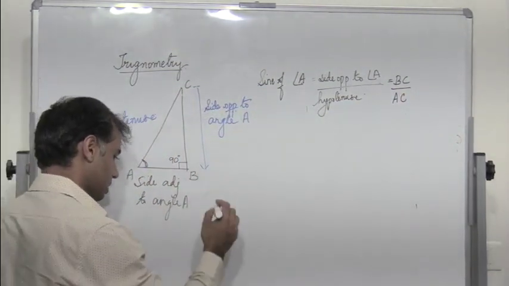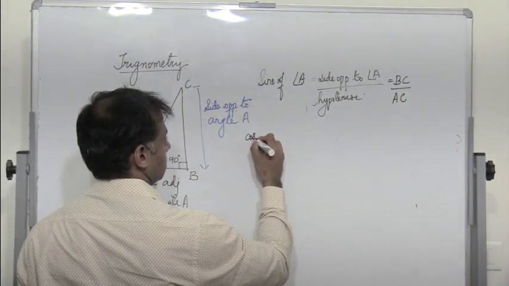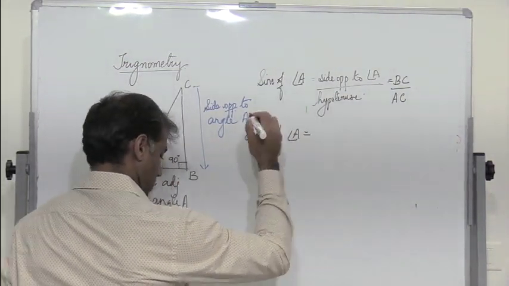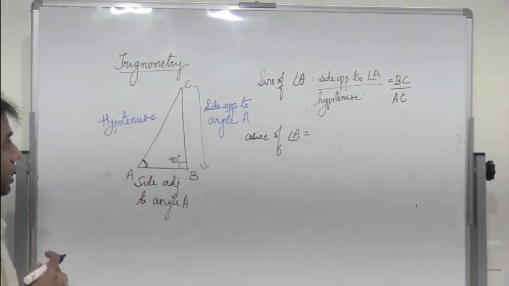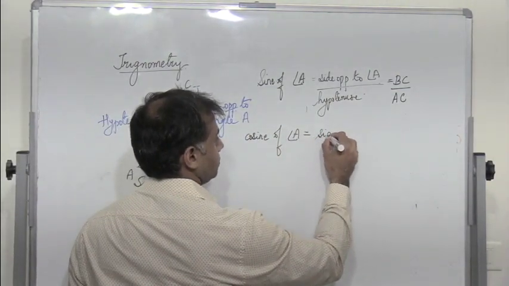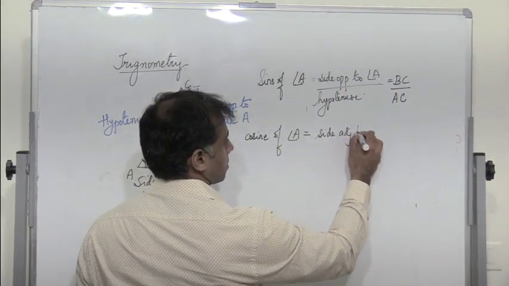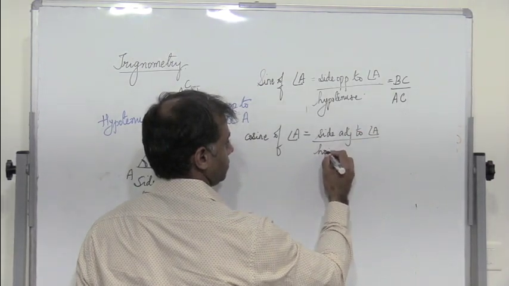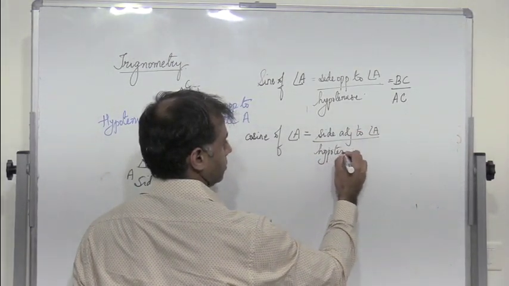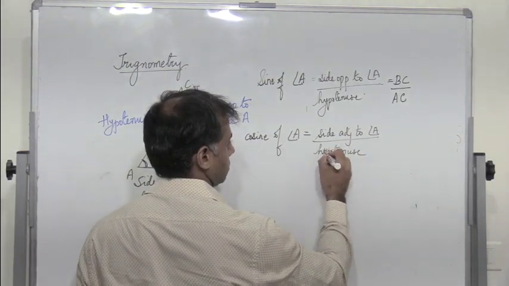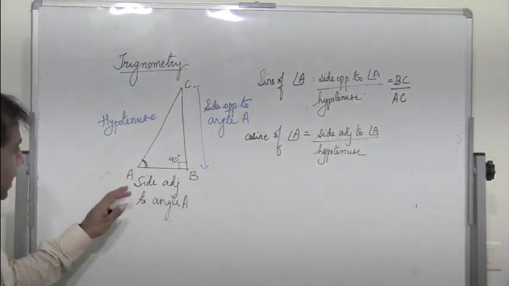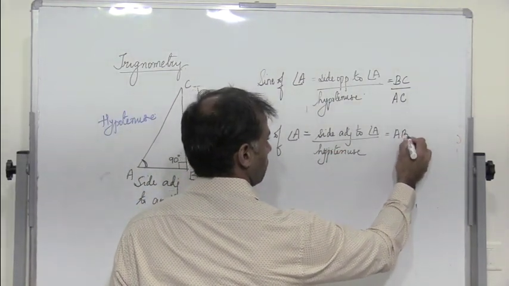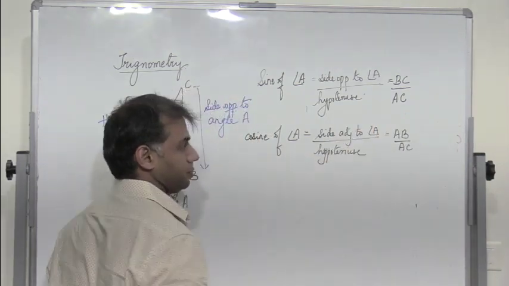So next we define the cosine of angle A. It is the side adjacent to angle A divided by the hypotenuse. What is the side adjacent to angle A? It is AB, by AC.